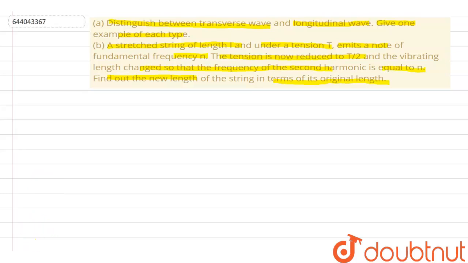First of all, let us differentiate between longitudinal wave and transverse wave. Let us discuss longitudinal wave.